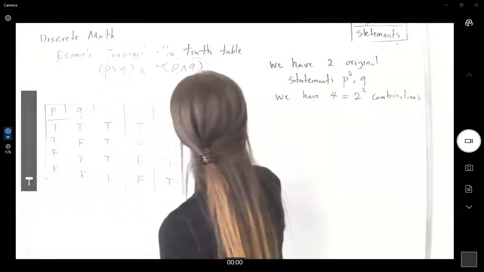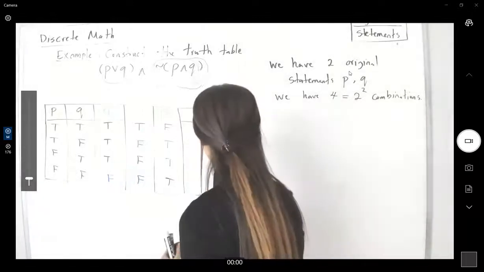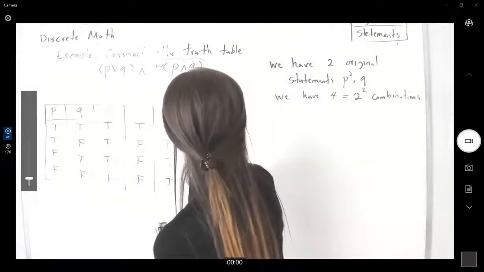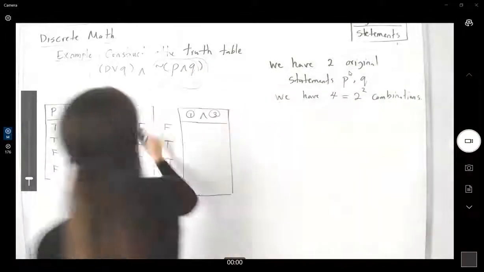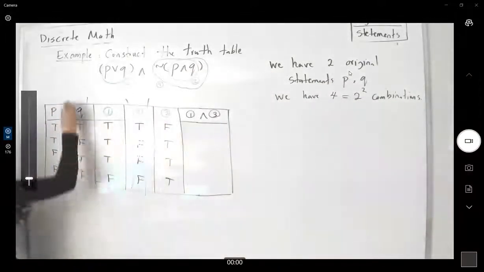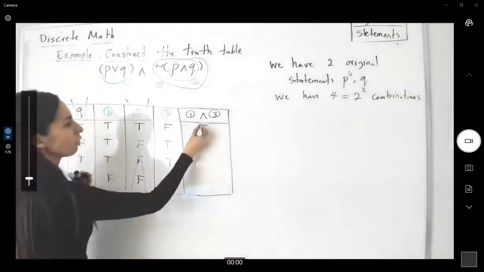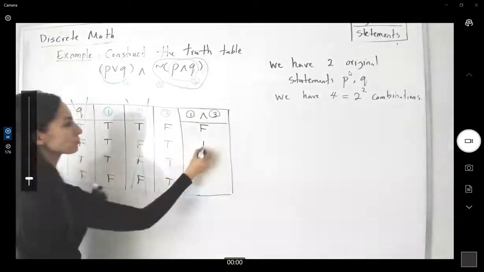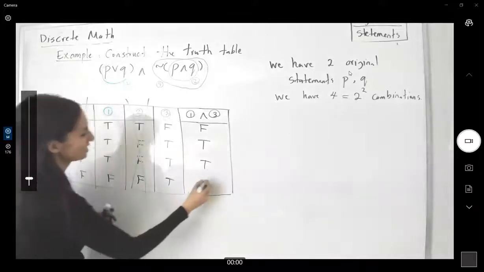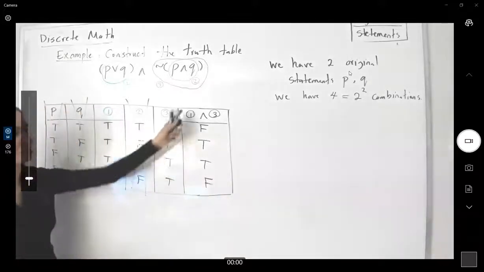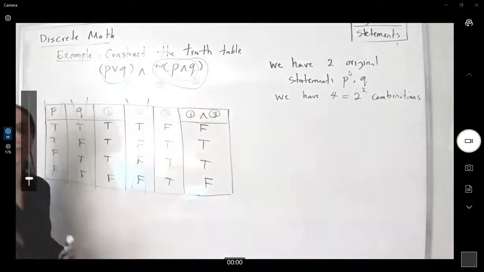So my last column is going to be 1 and 3. I can ignore the rest of these. I only need 1 and 3. True and false, false. True and true, true. True and true, true. False and true, false. So this is the truth table, or the value, for this compound statement.